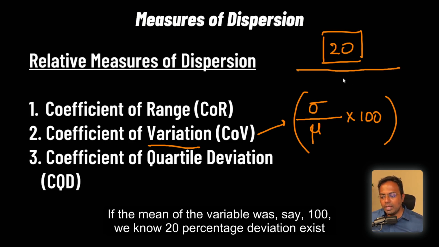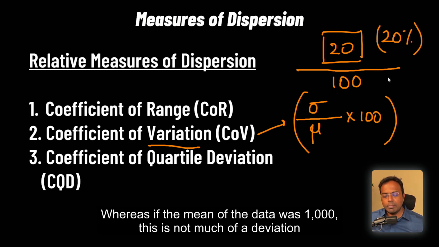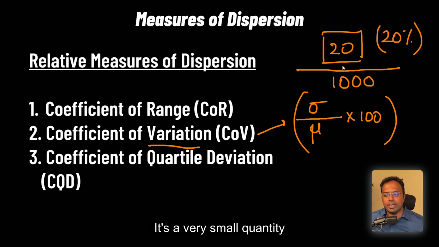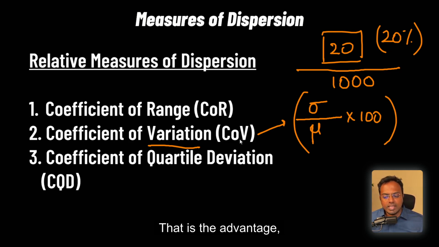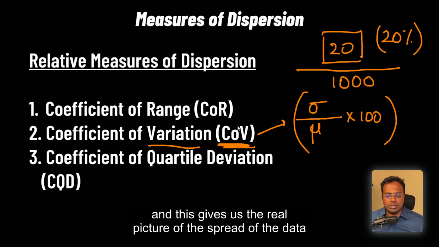If the mean of the variable was 100, we know a 20% deviation exists. Whereas if the mean of the data was 1000, this is not much of a deviation, it's a very small quantity. So we divide by the mean. That gives us a percentage, the spread of the data shown as a percentage when compared to the mean. That is the advantage, and this gives us the real picture of the spread of the data.